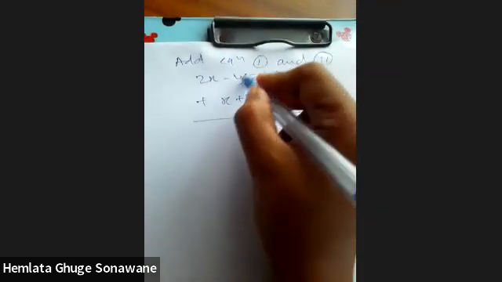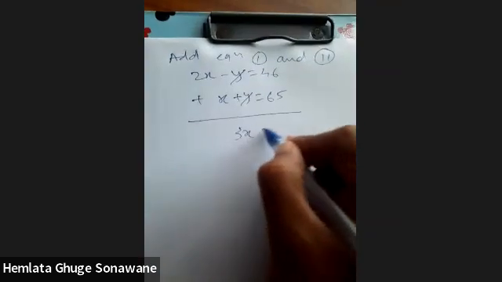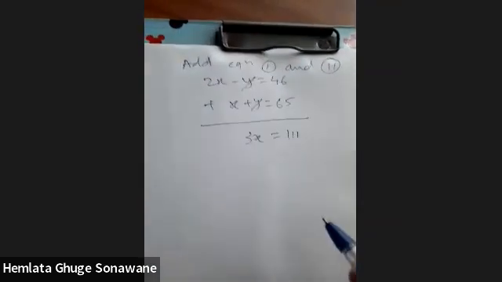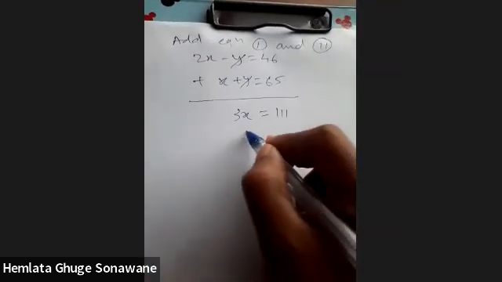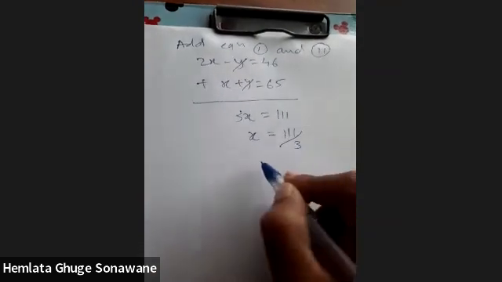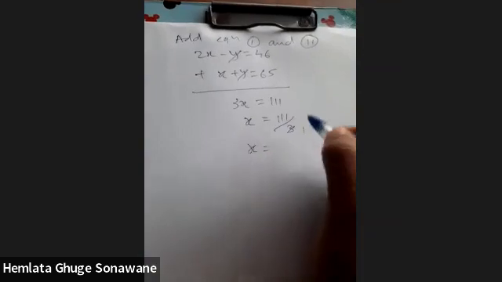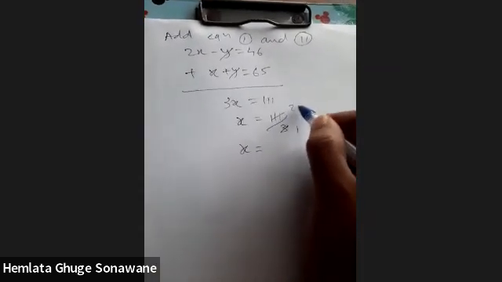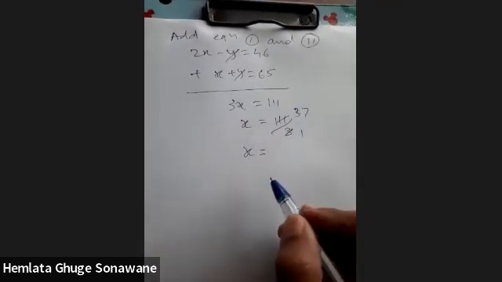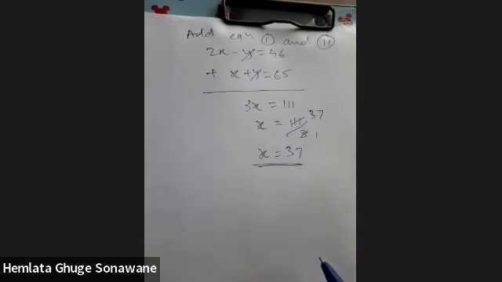This minus y plus y cancel. 2x plus x is 3x, and 46 plus 65 is 111. This 3 divides towards the right hand side. So we can simplify this. 37 threes are 111. So the value of x is 37.